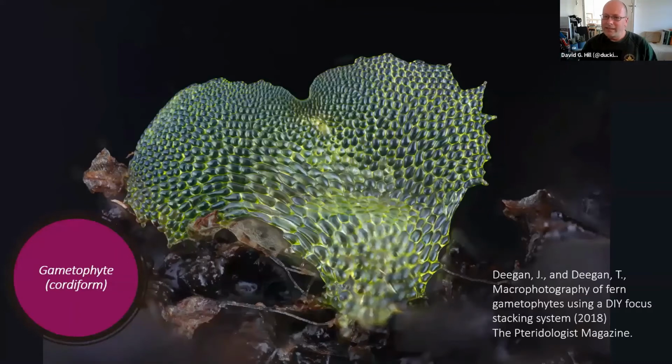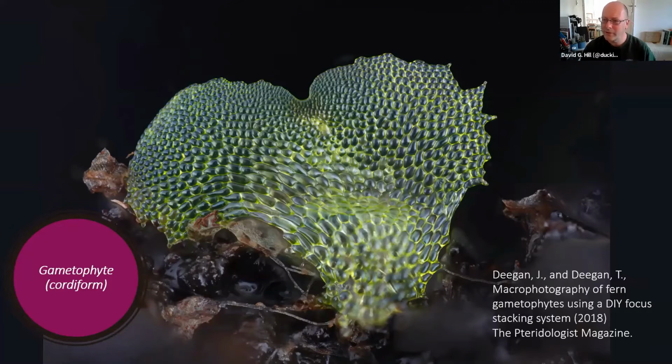When it lands, it will grow into a new plant. And this is a gametophyte. So this is still a fern in its own right, and it can live quite happily in this stage, in some cases persistently, so they can live for many years.